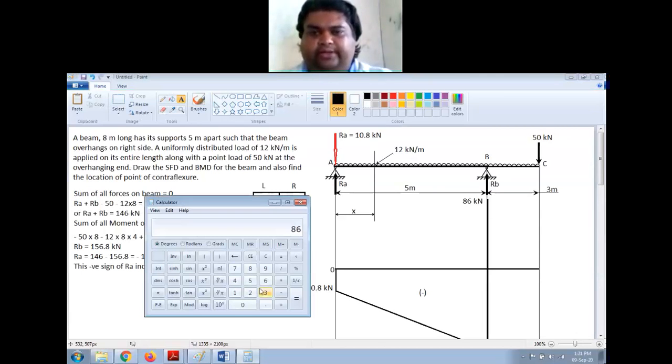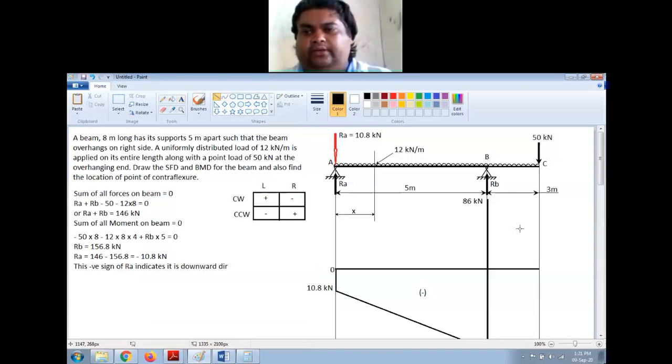Now I am at 86. Now from this I have to subtract this much shear force, which is proportionate to the UDL. So that is 12 kilonewton per meter into 3 meter length. So that will be 50. So let us say 50 is somewhere here.